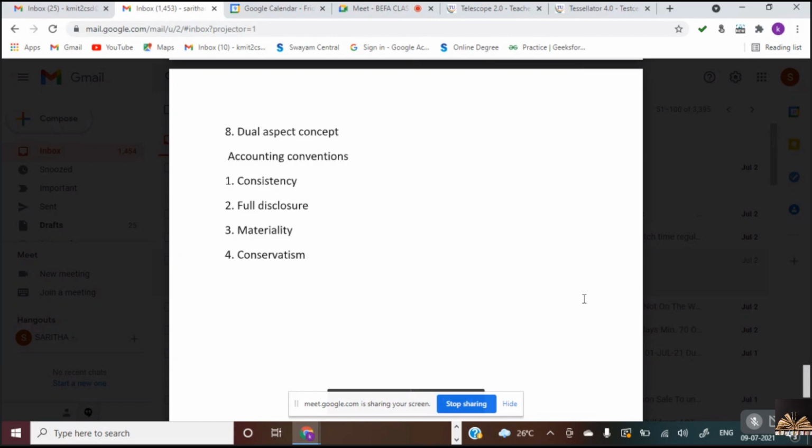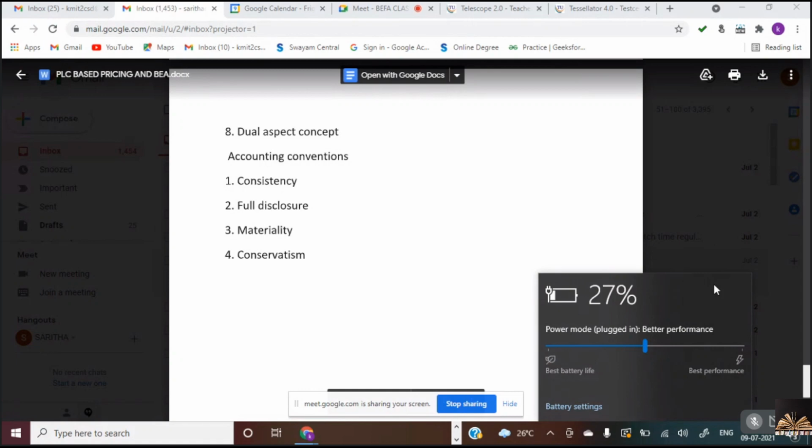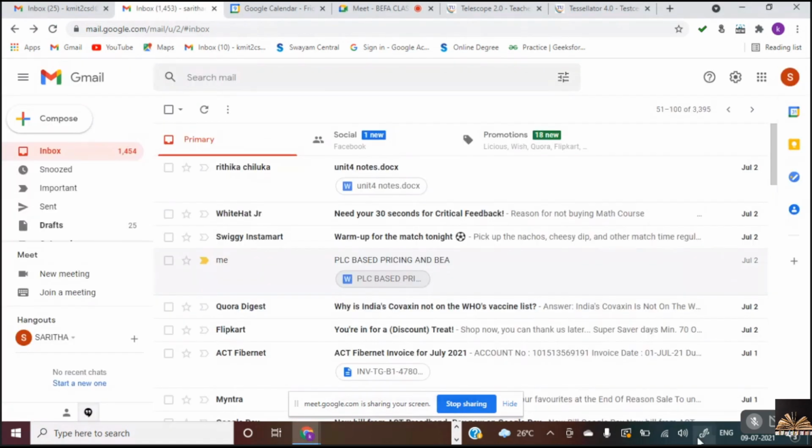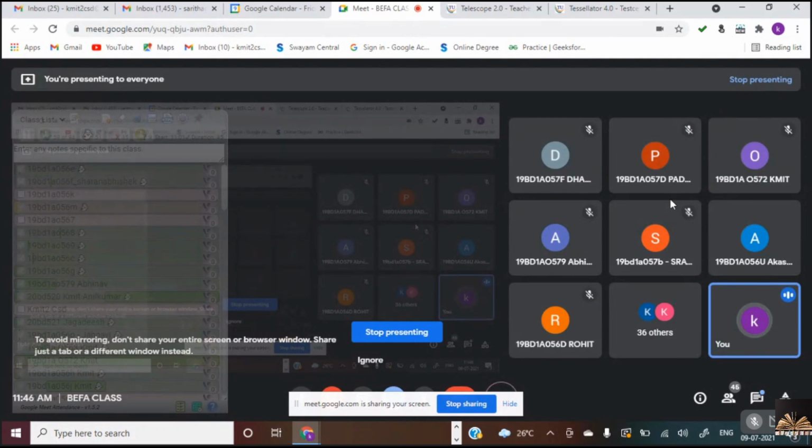Can anyone say what you mean by accrual method and cash method? The difference between these two? One minute, I'll ask someone. Is 562 there? Jahnavi or Akash, can you help me out? Is 562 there in the room?